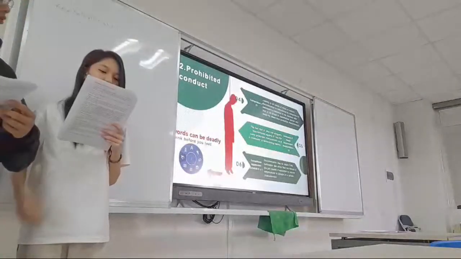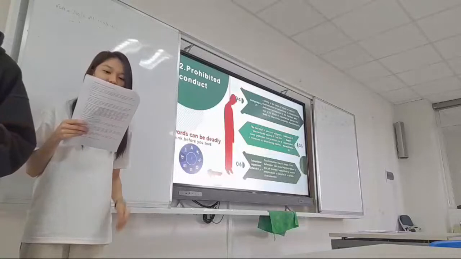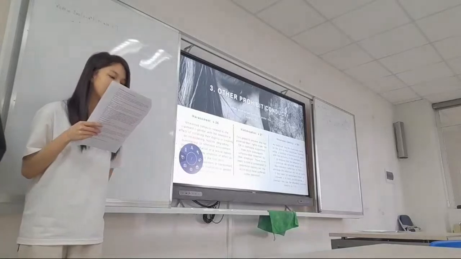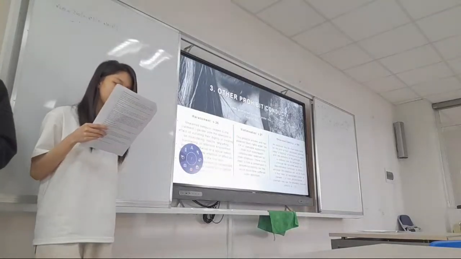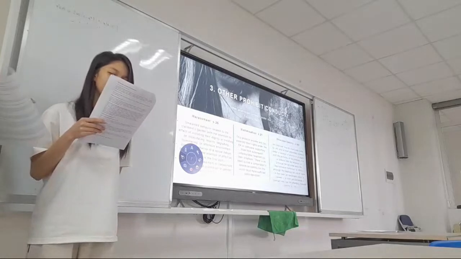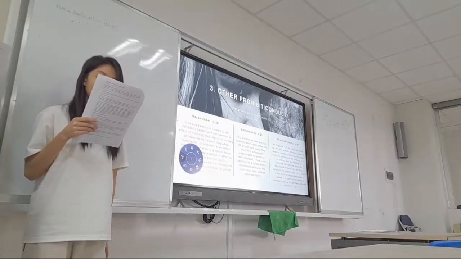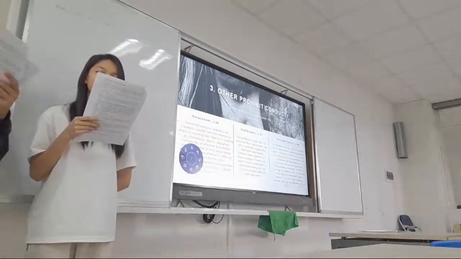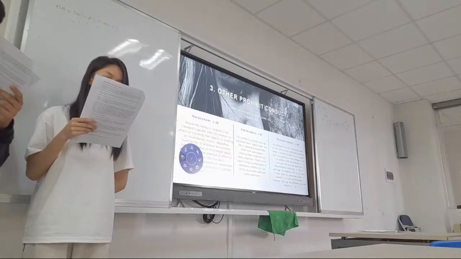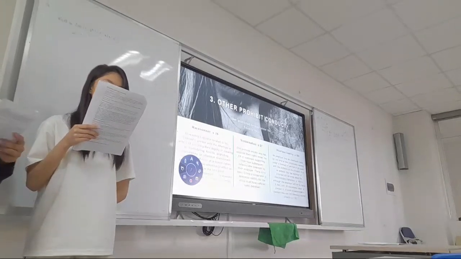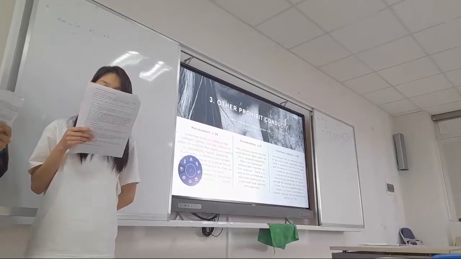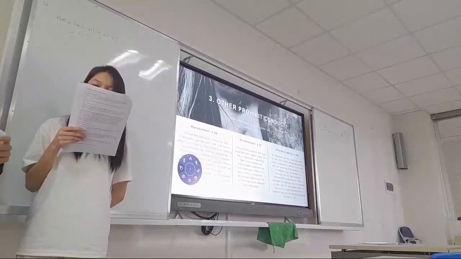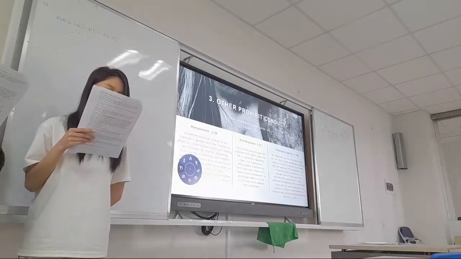Other prohibited conduct under the Equality Act. First, harassment. There are three ways. Unwanted behavior relating to the claimant's gender with the intention or effect of violating their dignity or creating an intimidating, hostile, degrading, humiliating, or offensive environment.